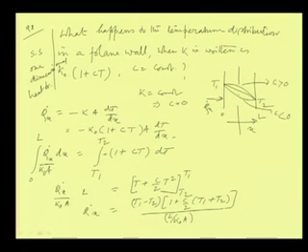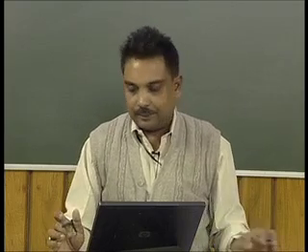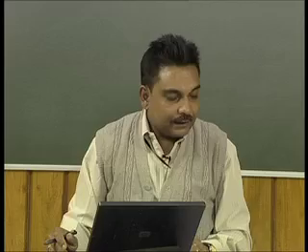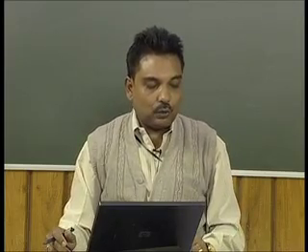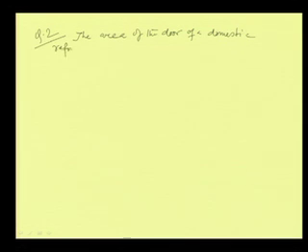Okay. Now, I will come to another problem, say problem 2. The problem 2 says that the area of the door of a domestic refrigerator is 0.5 meter square.